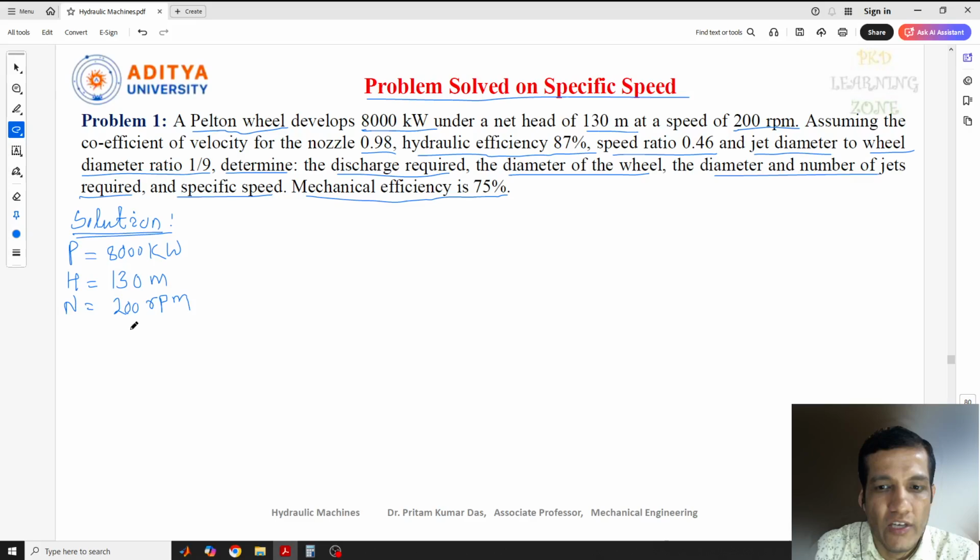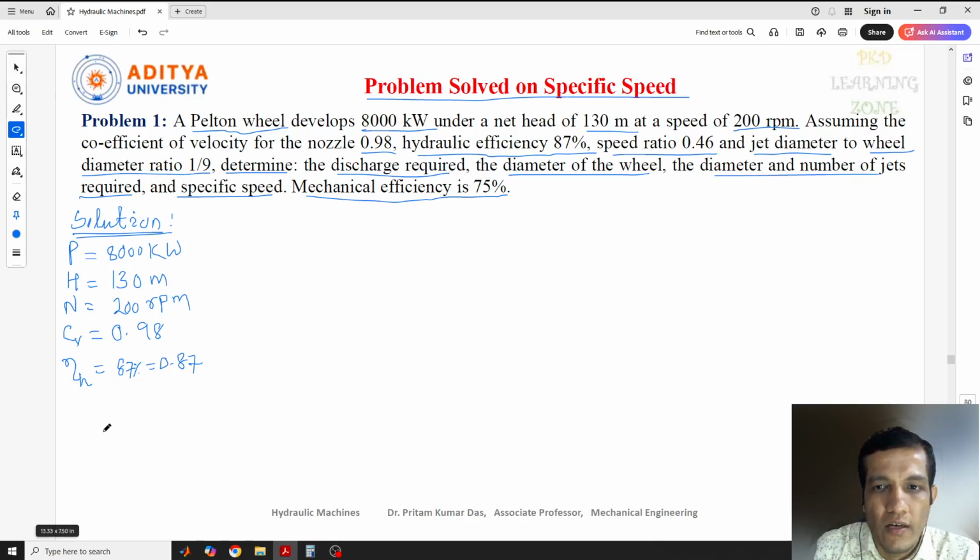Assuming that the coefficient of velocity, that is Cv, is 0.98, and hydraulic efficiency, which we write in this notation as eta H, is 87%, and this we can write as 0.87.